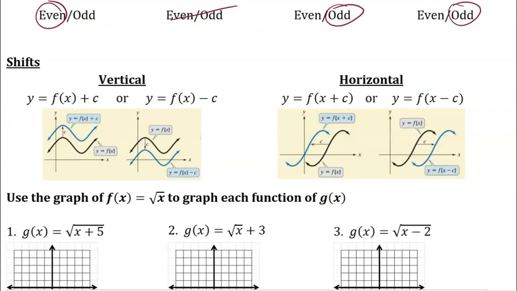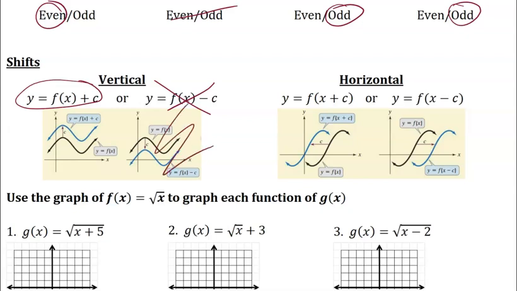If we take a function and we add a constant to the outside of that function, so notice here we've got plus c or minus c, then we have a vertical shift. Now, I'll be honest, I do not like writing this at all, because we really should just look at this one and say, if c is positive, we shift up. If c is negative, we shift down.